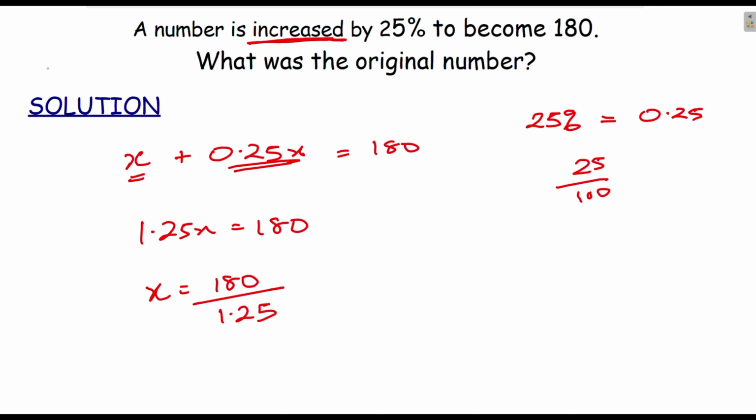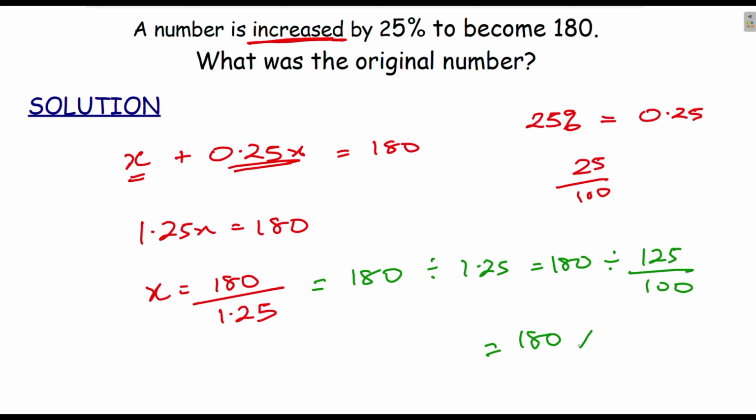So if you do not have a calculator, how do you solve this also within a short time? You remember that 180 divided by 1.25 is the same as saying 180 divided by 125 over 100, which gives us 180 multiplied by 100 all over 125.